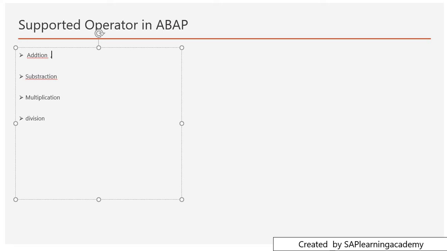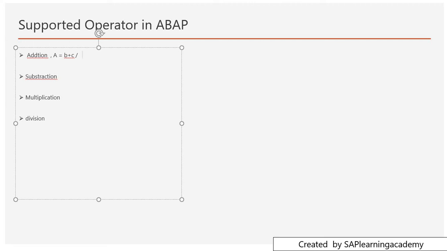Suppose we are talking about these arithmetic operations, how do we write it? If you define a type A and B plus C, suppose, this is how we can write it. And how can you do it with an ABAP keyword?